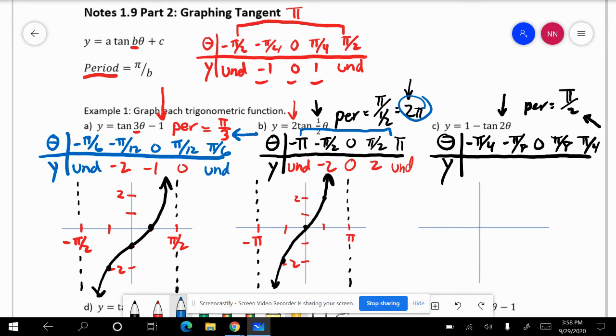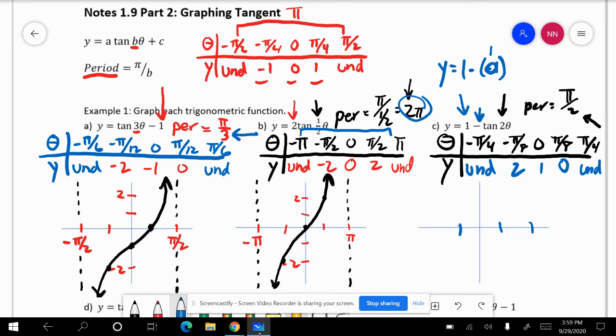Now with this right here, notice that we have a 1 and we're subtracting our tangent value. Obviously that does not affect it being undefined, but when we plug in a negative 1, we're subtracting a negative, so we get a 2. When we plug in a 0, we get a 1, and when we plug in a 1, we get a 0.